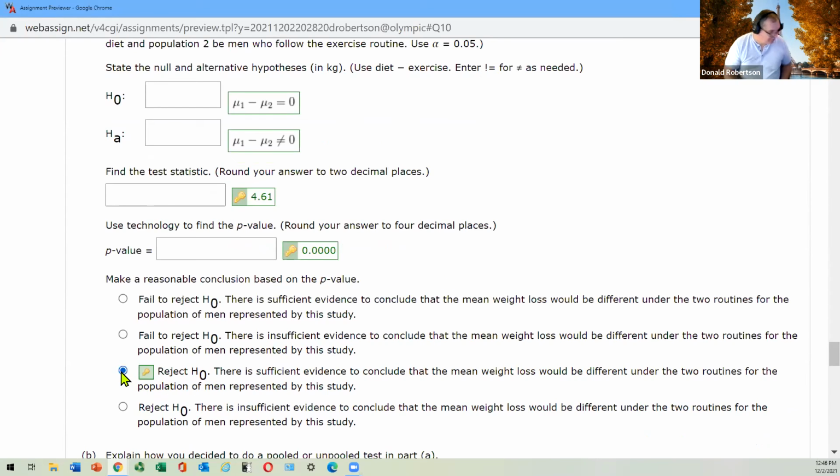Can you see that you would reject H naught? I jumped around a little bit there, but could you follow what I was doing? I was taking the question, plugging the information into SALT, getting whatever numbers they asked for, t-score and p-value in this case, and then picking the appropriate conclusion using the p-value of essentially 0.